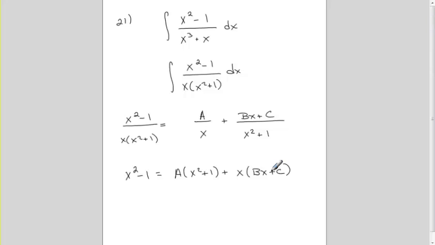So the way this works is you multiply everything out, and then you group the terms that have similar variable parts to them. So you're going to have an x squared part, you might have an x part, you might have a constant part. And then we are going to match up those parts so that you're going to have a coefficient on the left-hand side in this case of 1 times x squared plus 0 times x minus 1. On the right-hand side, we'll also have corresponding equations.